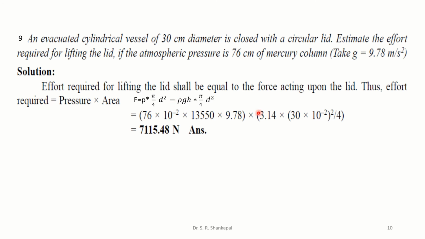So rho g h. Pi is 3.14. Diameter is 30 centimeter. I have to convert into meter. I have multiplied with 10 to the power of minus 2. So pi d square by 4. So I'll get this. This is the force I should apply on the lid to open.